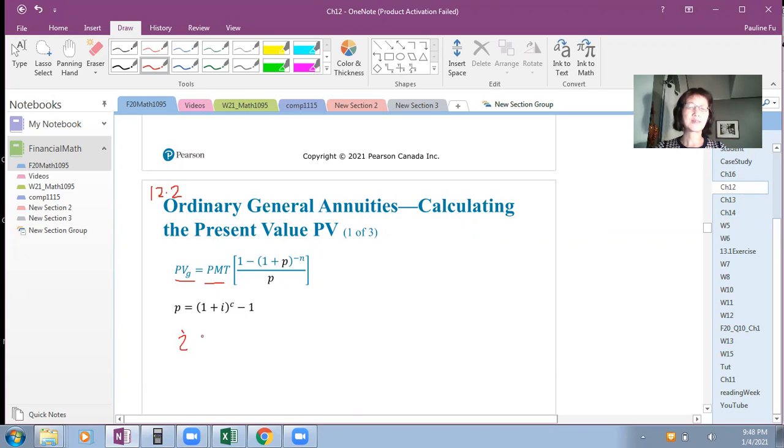I is the periodic rate of interest. C equal to interest conversion period per year, CY, over payment per year, PY. So it is the number of interest conversion periods per payment period. That is C.